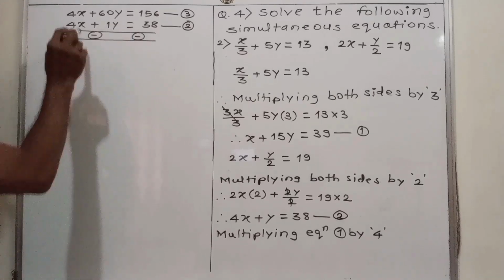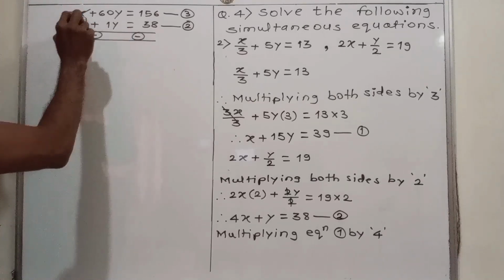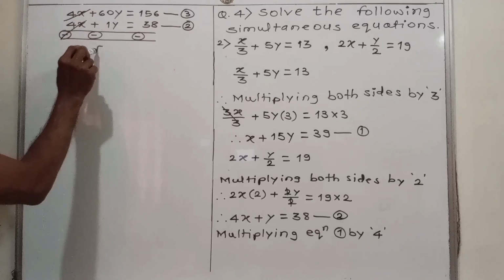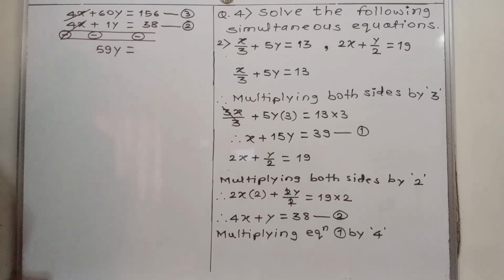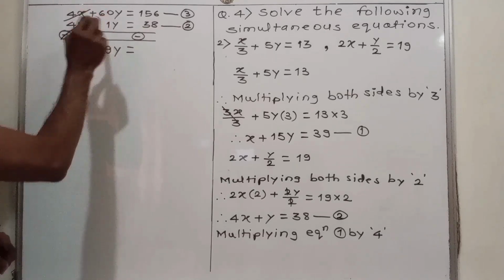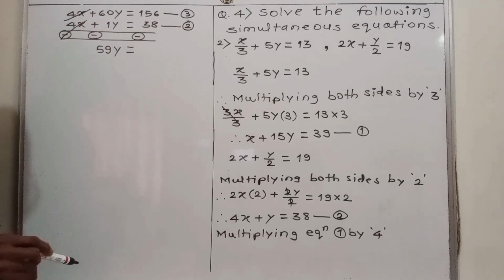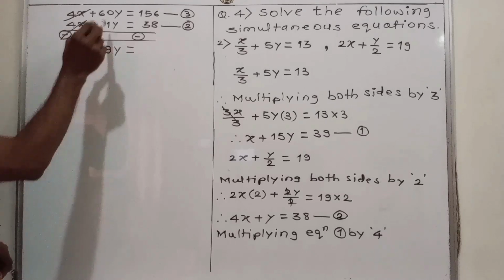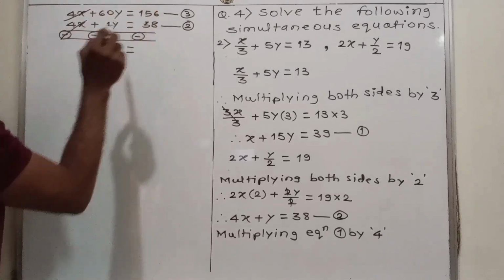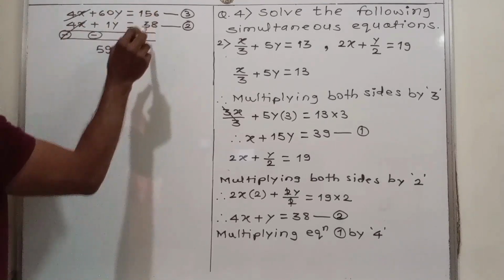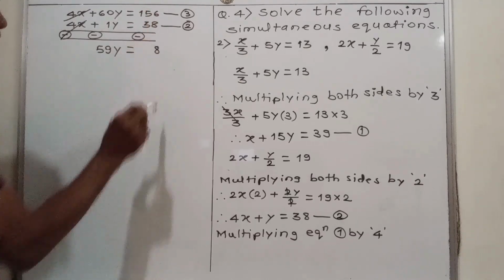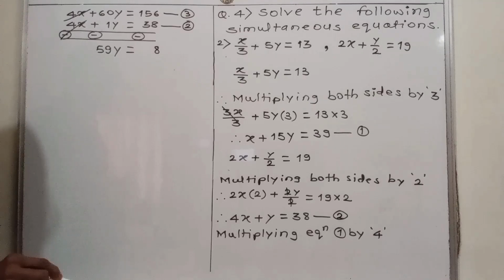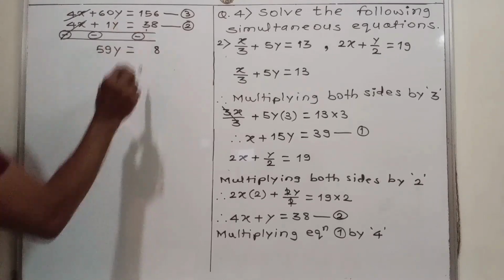Okay. Now these are cancelled. Therefore 59y, 60 minus 1. Okay, 59 and this y. Then here subtraction, 16 minus 8. What is 8? Carry 1.